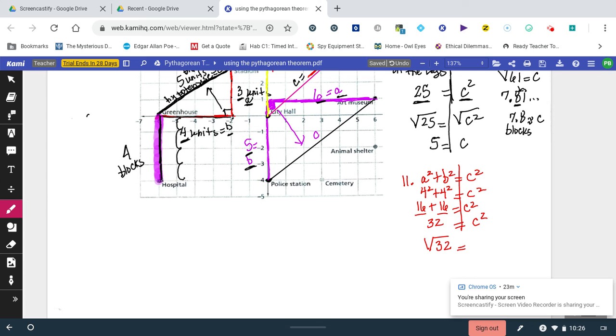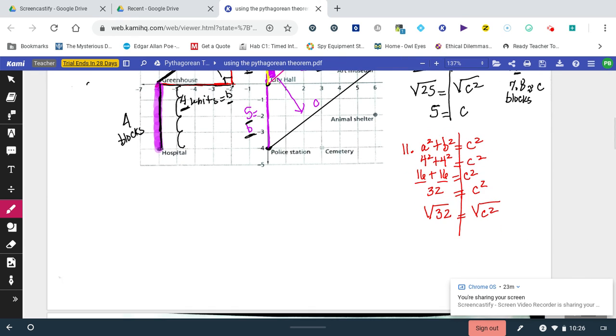So once I take the square root of 32, I end up with an irrational number. So I'm going to round this off to the nearest tenth. That 5 tells that 6 to go up 1. So this is going to be approximately 5 and 7/10 blocks.